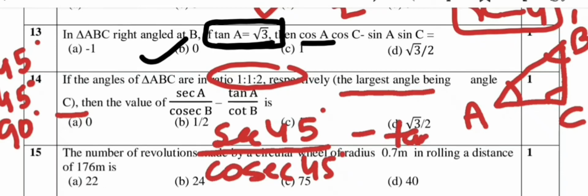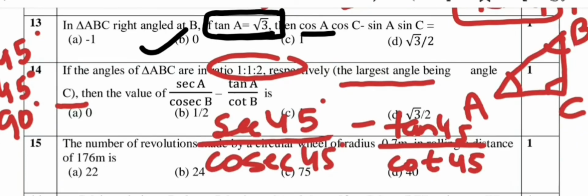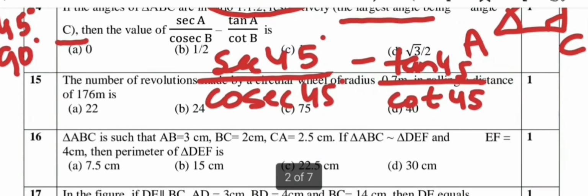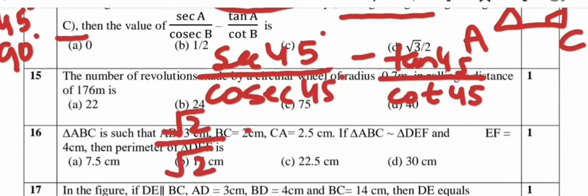Now we have to find value of this. So let us put values in this. First we have secant A. Secant A means secant 45 degree upon cosecant B, again cosecant 45 degree, minus tan A, tan 45 degree upon cot B, cot 45 degree, because both angle A and B are 45 degrees. Now let us find out their values from the table. We know, you can see the values or you can just remember. Secant 45 degree is root 2.